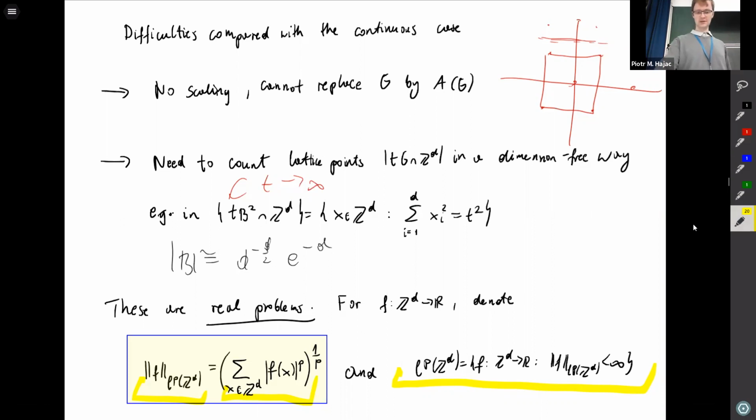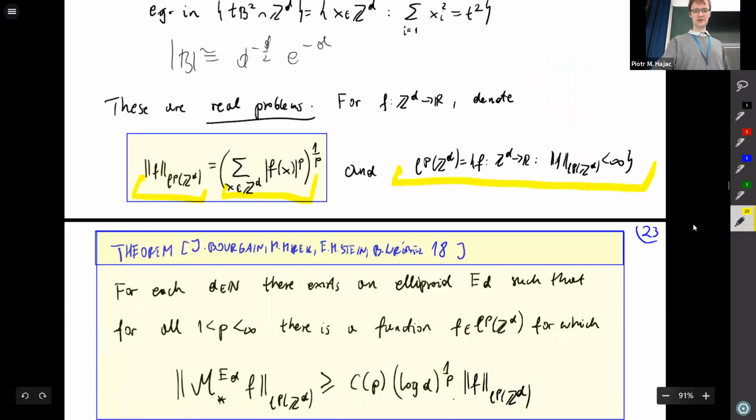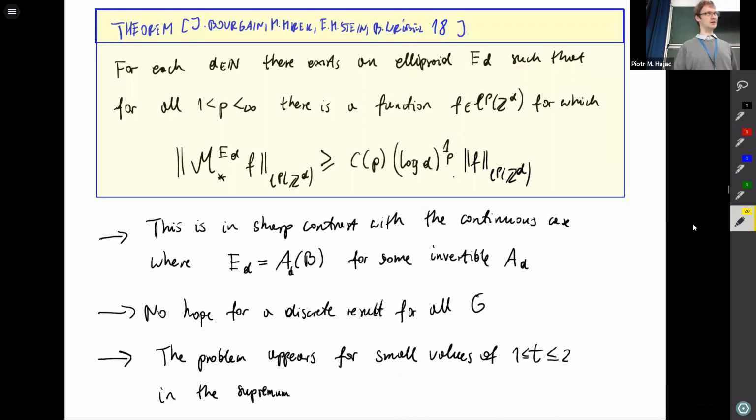The first result that says the problems are real is a negative result, a counterexample. One might pose a conjecture that you have a dimension-free estimate, say on L2, for all symmetric convex sets. I recall this was the case in Rd: Bourgain's L2 result said that for all symmetric convex sets, you have a dimension-free estimate in the continuous setting on L2.